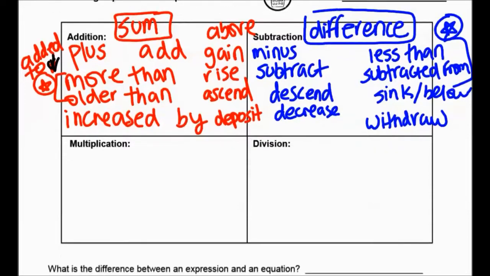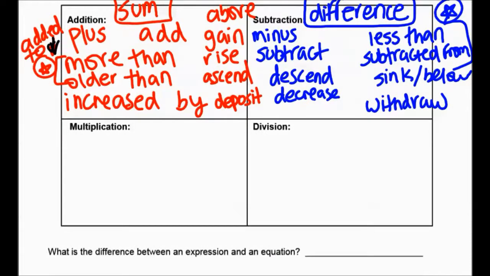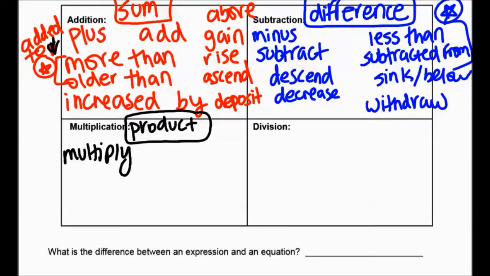Next, things that mean to multiply. So we have product, which is the answer to a multiplication problem. Other things that mean multiply, we could just have multiply. And then we have different things that are going to mean to multiply by a certain number.